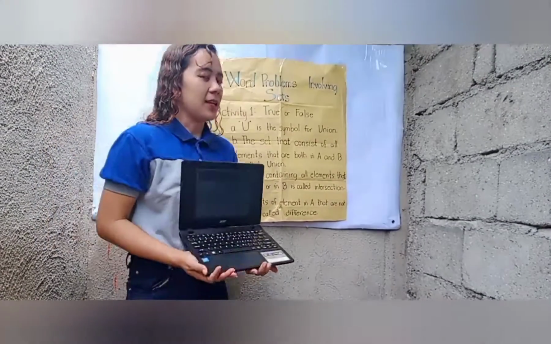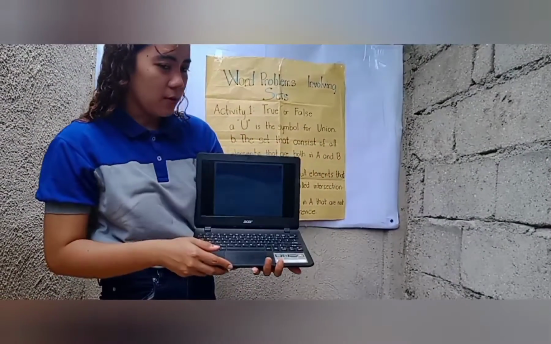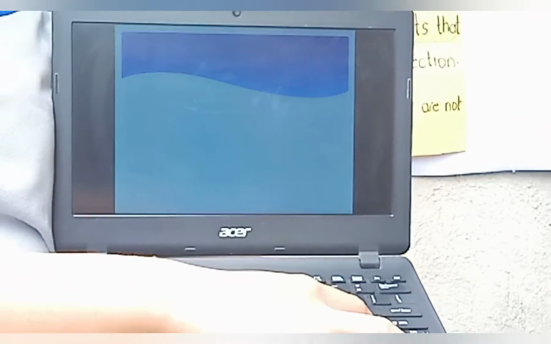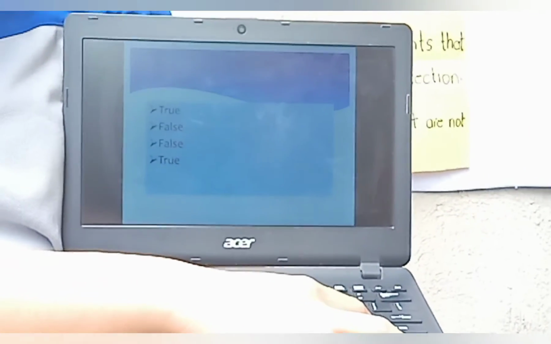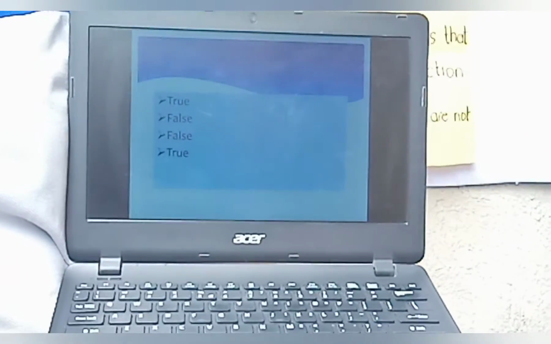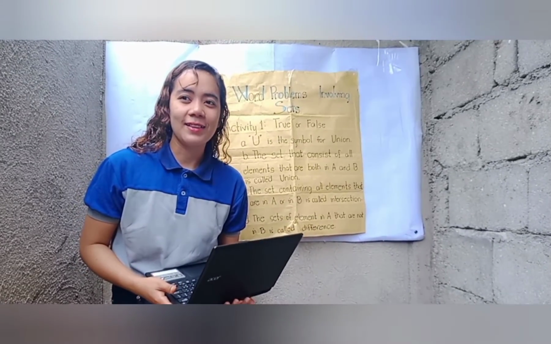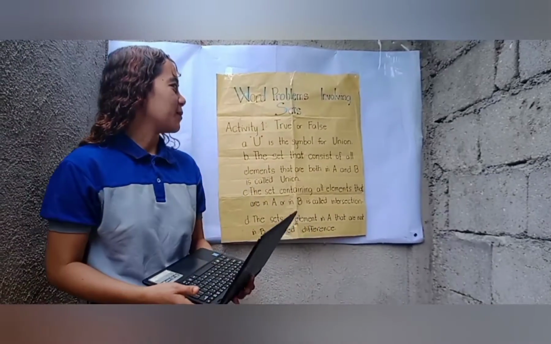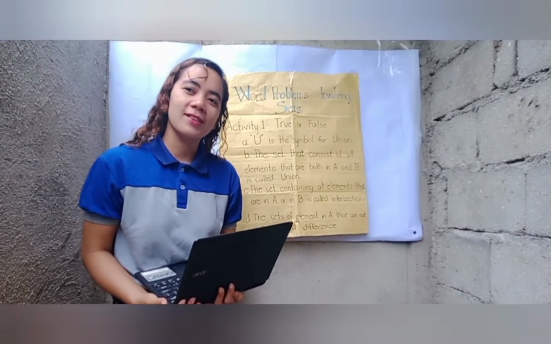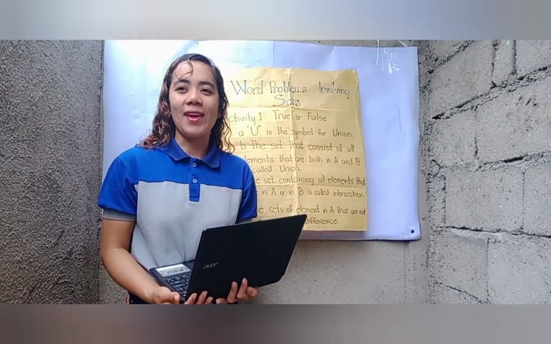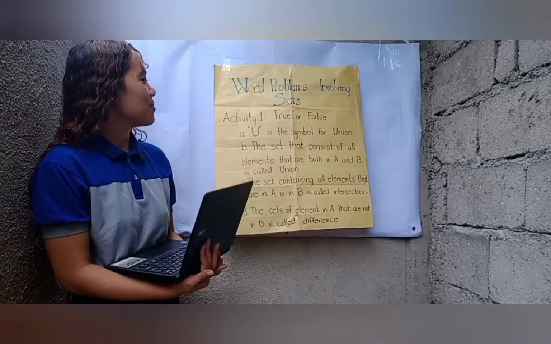So, tingnan nga natin kung tama ang inyong mga sagot. Tama ba kayo mga bata? Okay, tingnan natin. Ilan na nakatama ng sagot? Ay, marami. So, sino nakatama sa letter A?